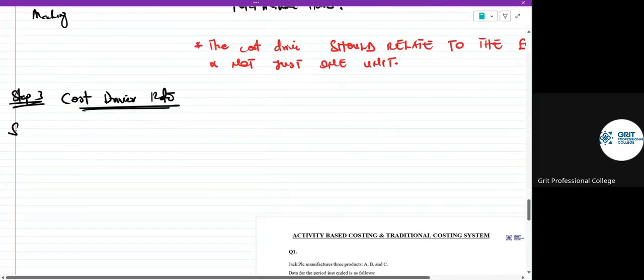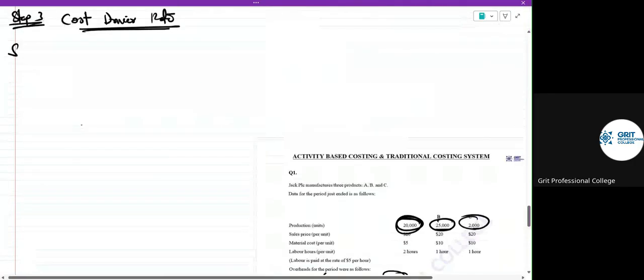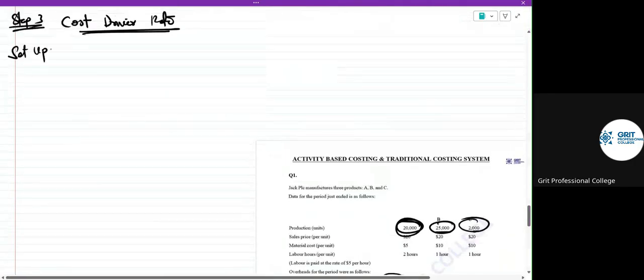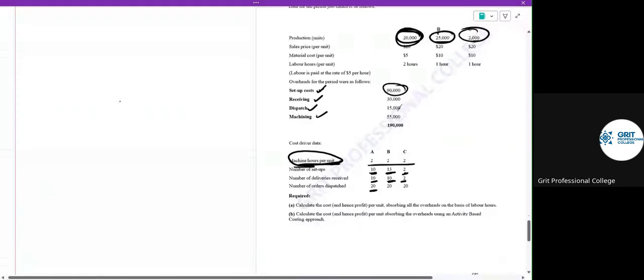It's just to take the overhead allocated to the specific cost pool and divide it by the total cost driver data for a particular what? Cost pool. So what do I mean? So the first cost pool we have is setup cost, right? The total overhead allocated, they've even given us the allocation already.